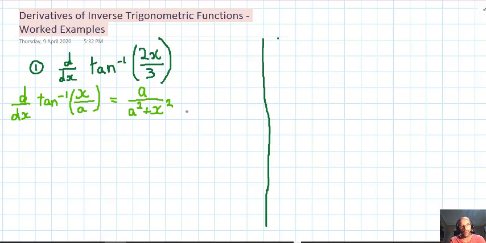Firstly, it's important to identify a, so it's based on x over a, and we've actually got 2/3 times x, so that'd be the same as x over 3 on 2. So a is 3 over 2.